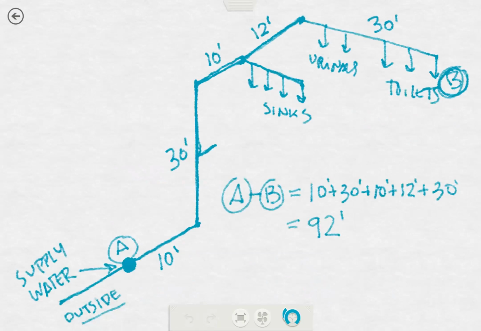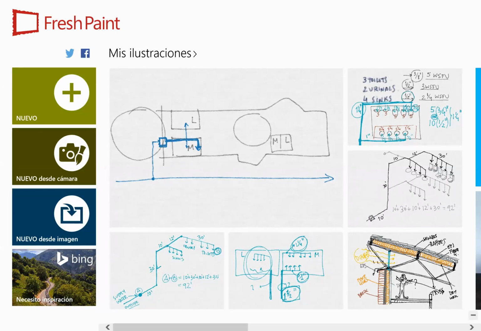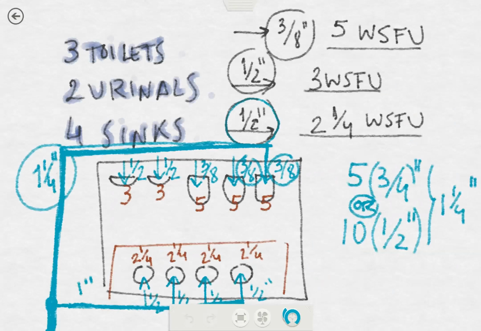We have to keep in mind that we have these, the water fixtures. So we have 3, 3, 5, 5, 5, and all these, because we need to know the total water supply fixture units that we have.